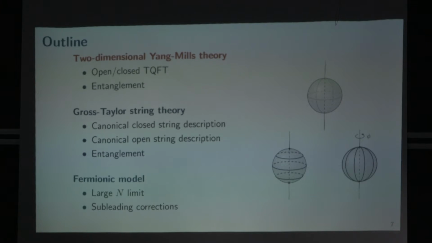When you close this up, you can either slice it in a closed channel, or you can slice it in an open channel. And perhaps the main message is that the open channel is really essential in order to see what the state counting is doing. You can do all the calculations here, but you won't really learn much about what is being counted. And here you see what's being counted.